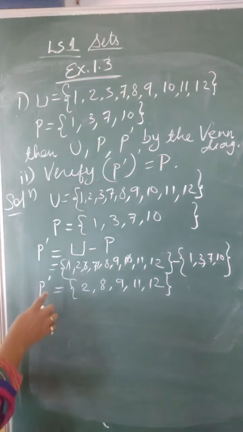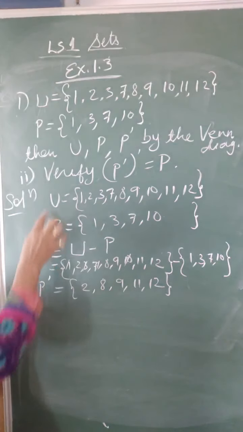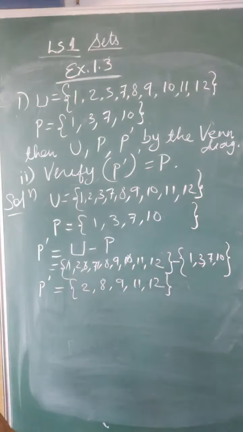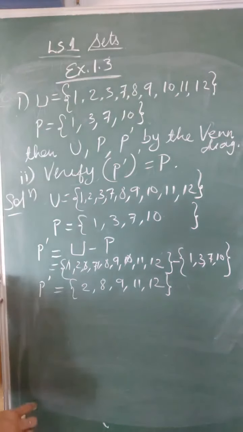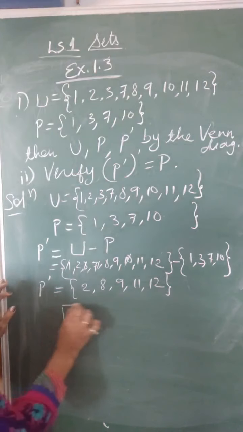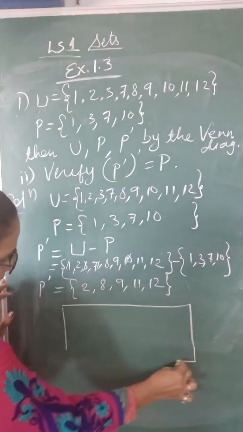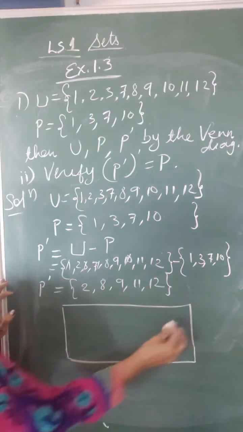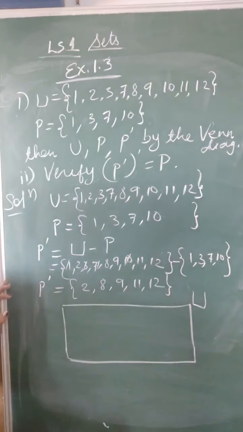Now you have to show this and this by which diagram? Venn diagram. So what will you do? Let us take the universal set first.